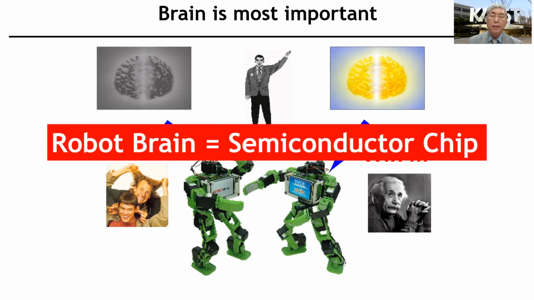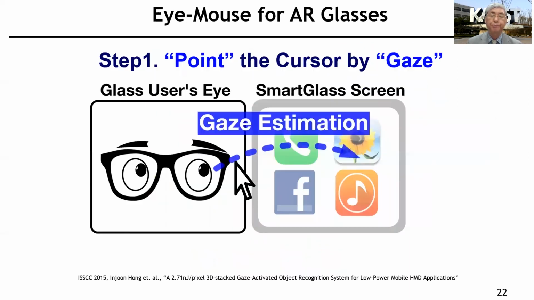So let me introduce you some examples of how to develop a very nice semiconductor chip. Our team developed new AR glasses, and AR glasses don't have any interface system.